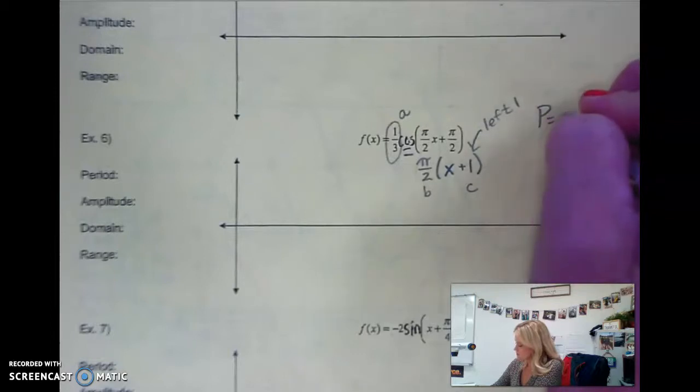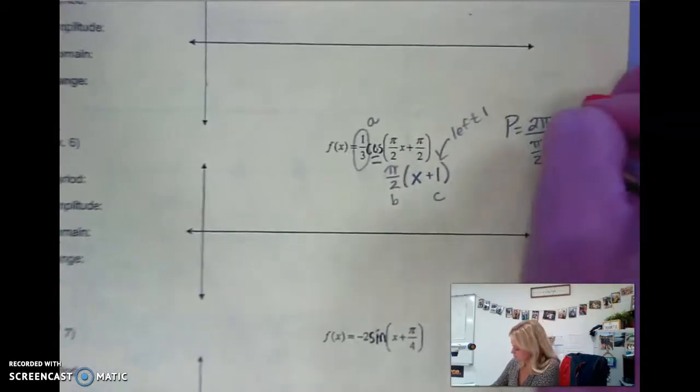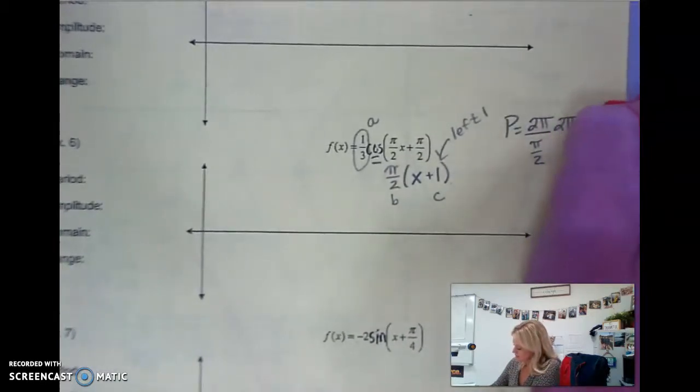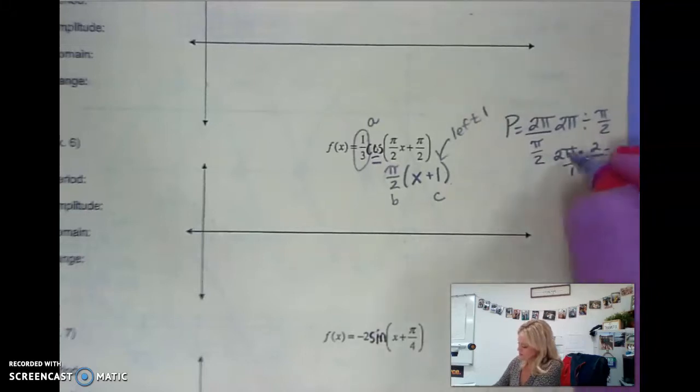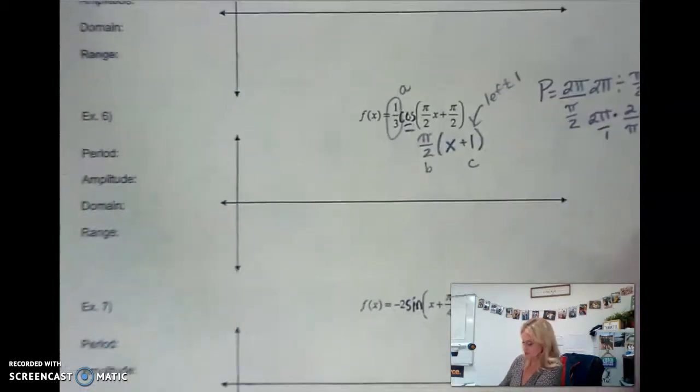Period equals 2 pi over B, and B is 1/2. In other words, 2 pi divided by half of a pi, or 2 pi times 2 over pi. And this gives me 4 pi over pi, or just 4. So the period is done at 4.